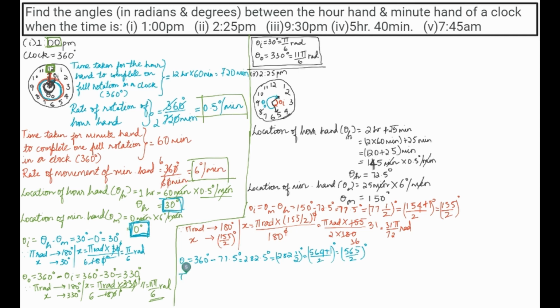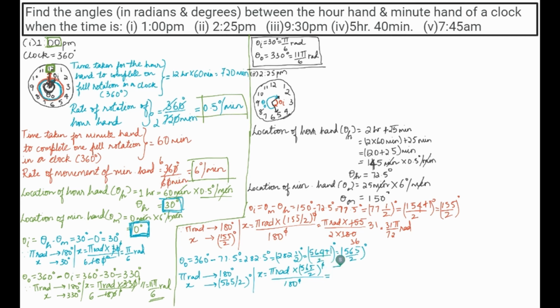When we follow the previous technique, we know that pi radians is equal to 180 degrees. So therefore, how much is 565 divided by 2 degrees in radians? Let this be x. When we cross multiply, we get x is equal to pi radians into 565 divided by 2 degrees divided by 180 degrees. Degree unit and degree unit cancel out each other.